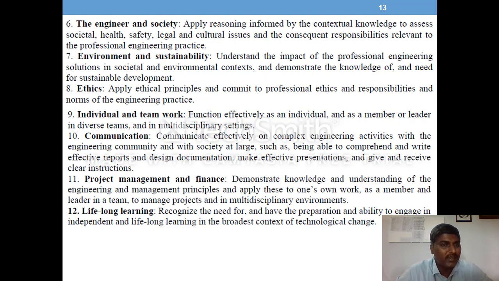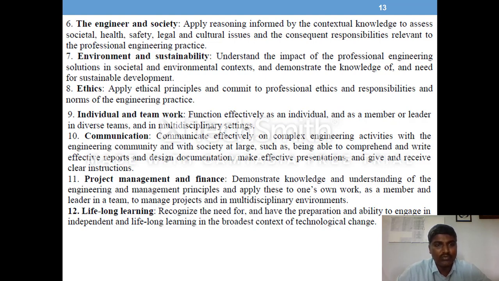Likewise, he is able to understand the impact of his professional engineering solutions, like civil engineering solutions, on the environment and sustainability. And he is able to apply his knowledge in ethical principles and commit to professional ethics and responsibilities and norms of the engineering practice.